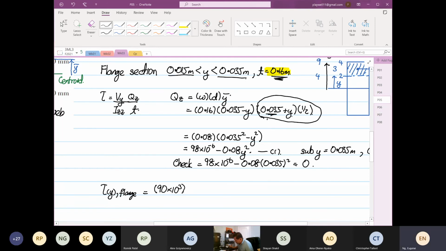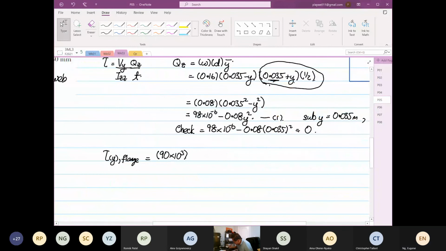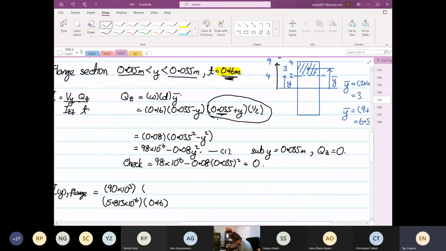The centroid is 5.813, right? The thickness is a constant, and then all you need to do is multiply 98 times 10 to the power minus 6 minus 0.08 y squared, right?